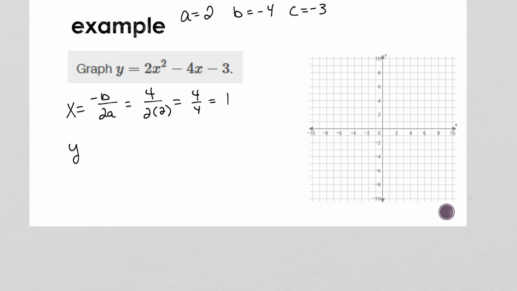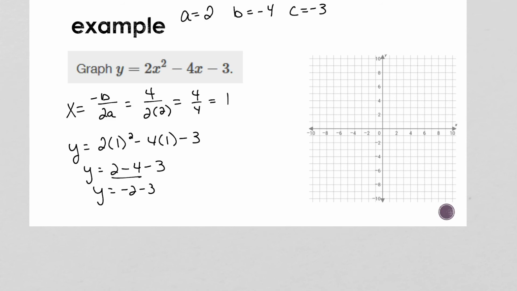Let's find our y-coordinate. So 1 squared is 1, times 2 is 2. Now let's do that. So y is equal to -2 minus 3, which is -5.